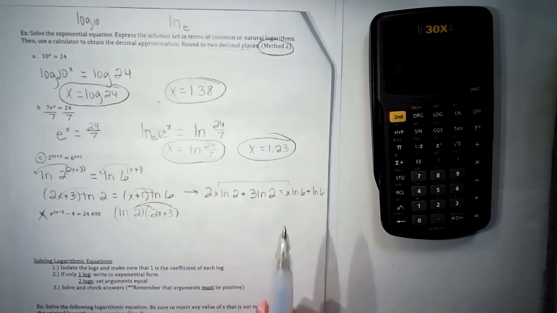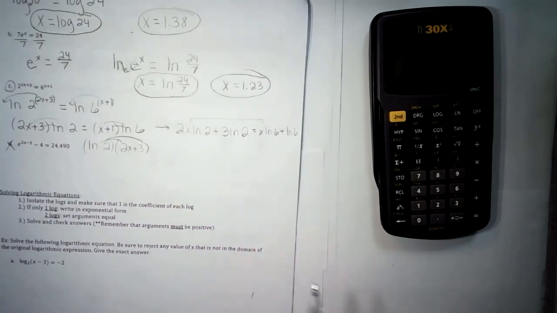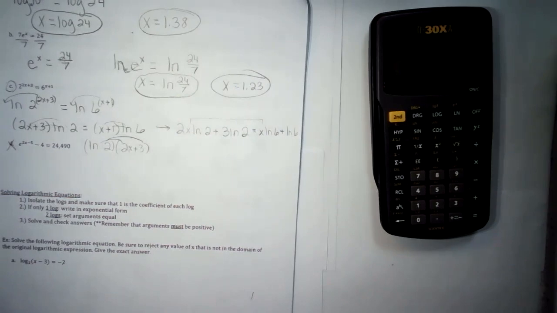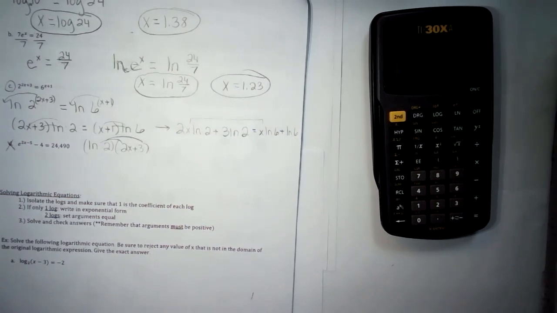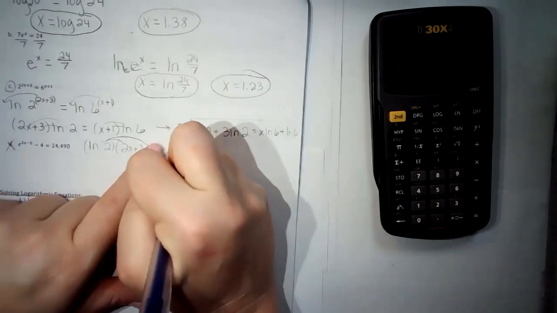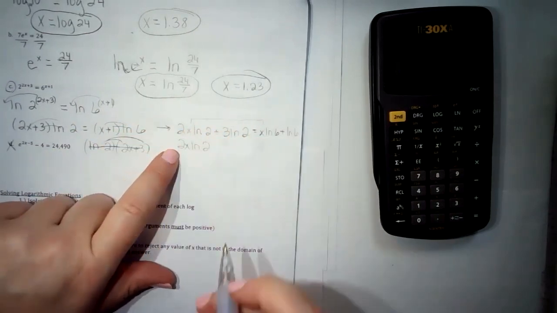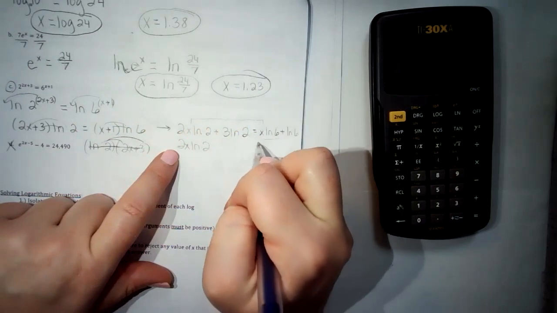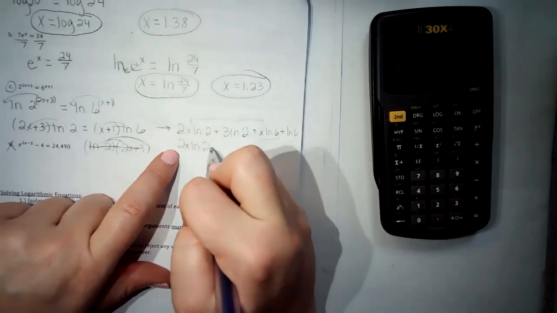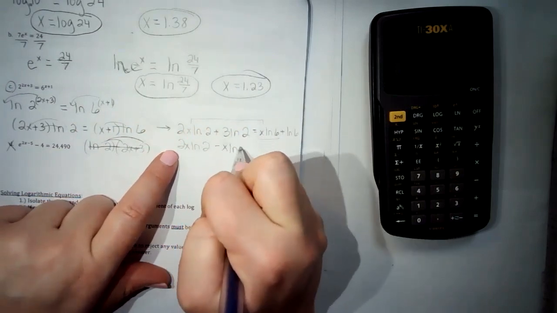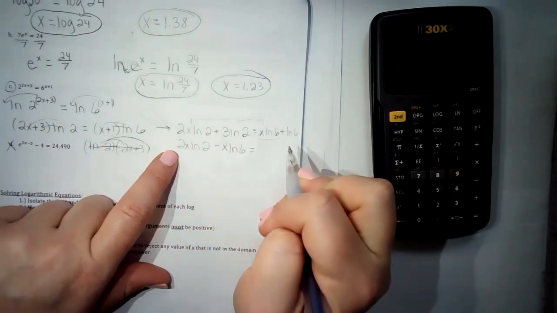Then notice I have two x's. They're right here. Sure would be great if they were on the same side of the equation and everybody else was on the other. So we're just going to rearrange terms now. I'm going to leave this guy where he is, and I want this term to come over to this side. So I'm just going to subtract him. I'm doing this all in one step because I'm out of room.